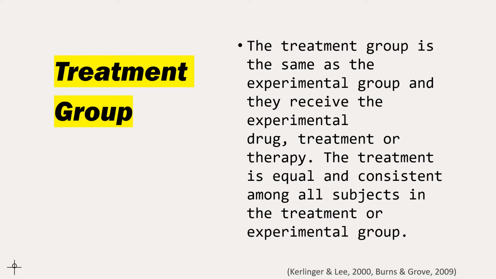The treatment group is the same as the experimental group, and they receive the experimental drug, treatment, or therapy. The treatment is equal and consistent among all subjects in the treatment or experimental group. We give the same thing to every individual within that group.